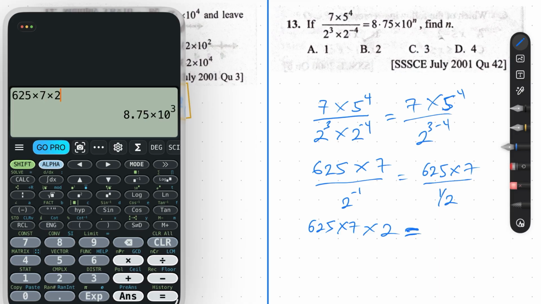So that will be 8.75 by 10 to the power of 3. This is our answer. Now the question says the answer is 8.75 times 10 to the power n. So if we compare our answer to this, what's the value of n? Now our value of n is 3, because n is equal to 3. So our answer is 3.